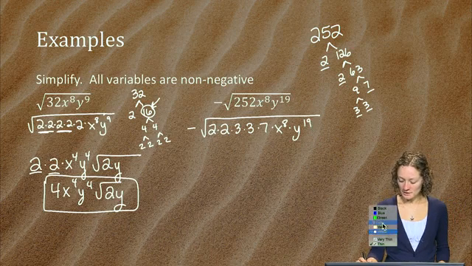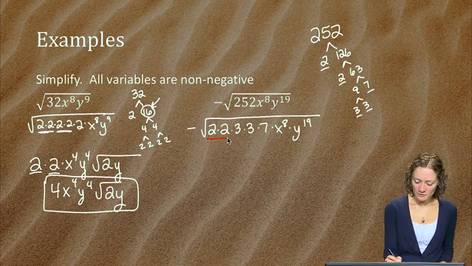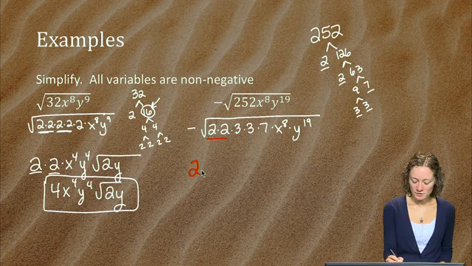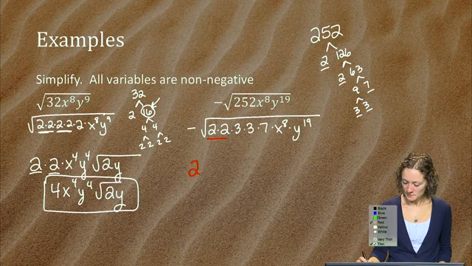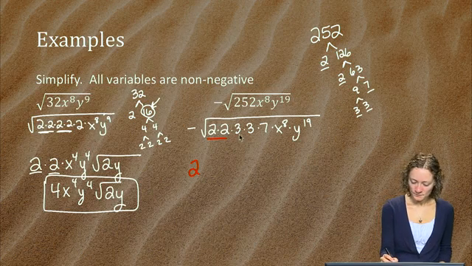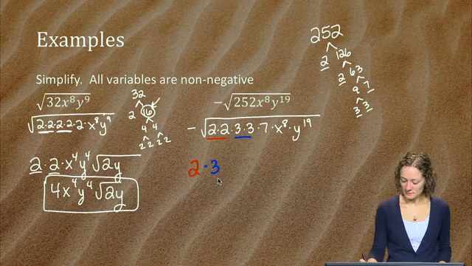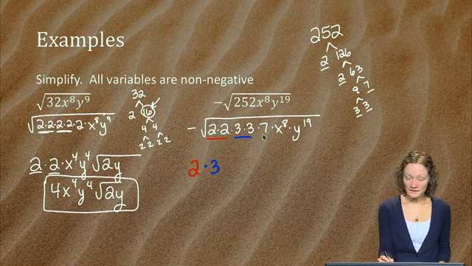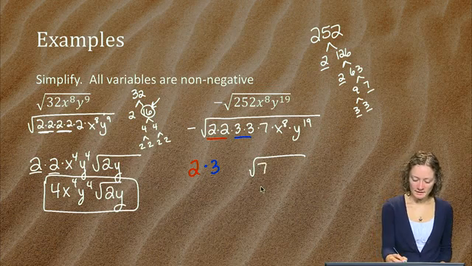And we're looking for pairs. We have a pair of 2's. So a 2 comes out. We have a pair of 3's. So a 3 comes out. And then this 7 doesn't have a pair, so it's stuck inside.